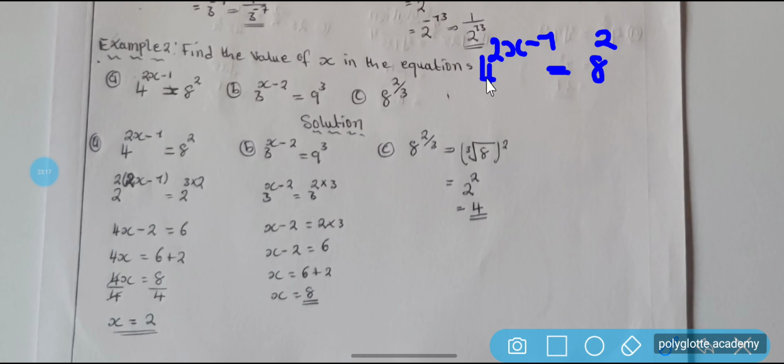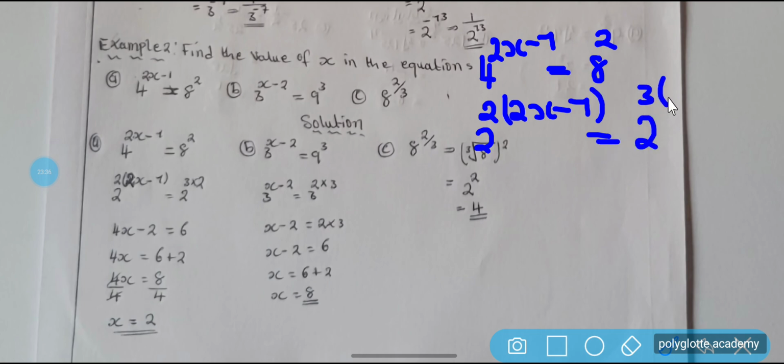Okay, let's put 4 in index form, which will be 2 to the power 2 times this quantity that was originally there, equal to, put 8 in index form, which is 2 to the power 3 times the 2 that is originally there.